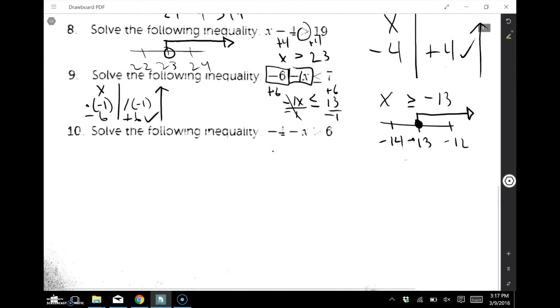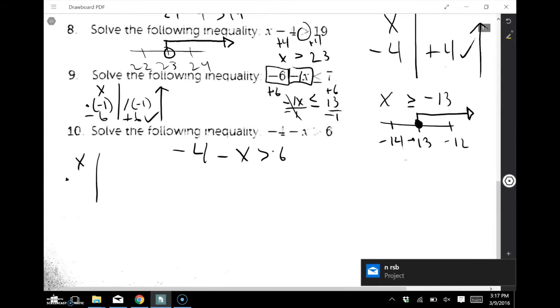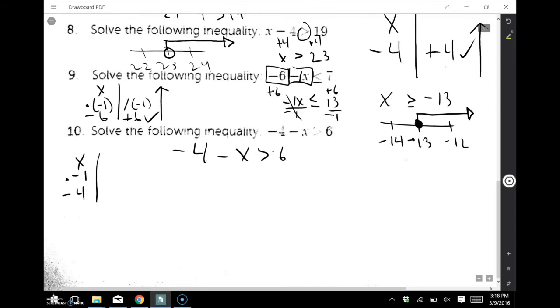Next, very similar problem. This is read as negative 4 take away x is greater than 6. Another way we can say this is negative 4 sits next to negative 1 times x. Okay, so here's my building it. x times negative 1 sits next to negative 4. So all I gotta do is add 4 and then divide by negative 1.